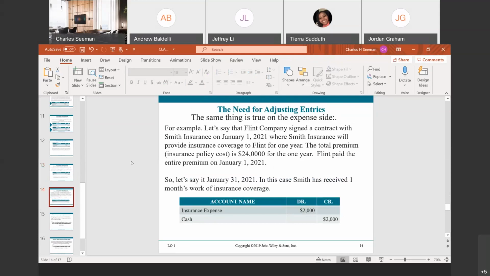So let's say the Flint company paid $24,000 for 1 year. So that would be $2,000 a month. The way I got this $2,000 is dividing 24,000 by 12 months.